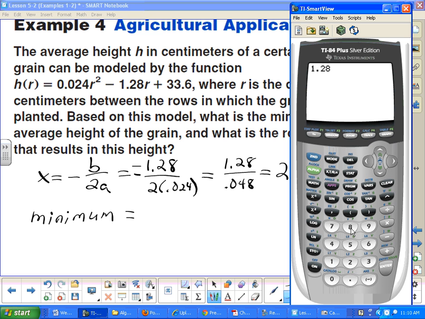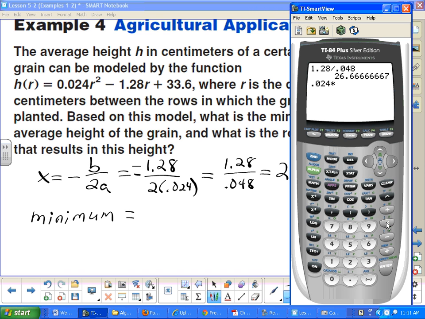Okay. So 1.28 divided by 0.048 equals that number there, right? So if I want my answer to be the most accurate it can be, I will do 0.024 times, and how do I get this number here?